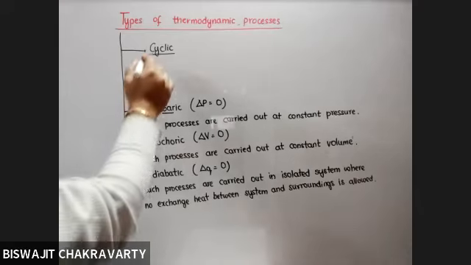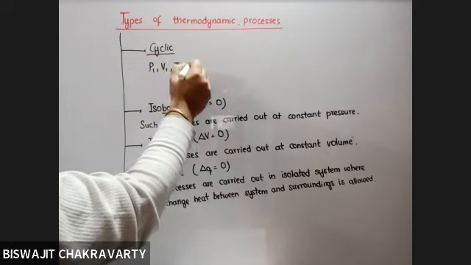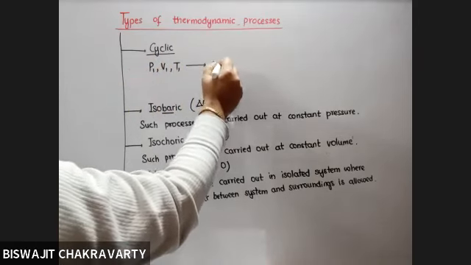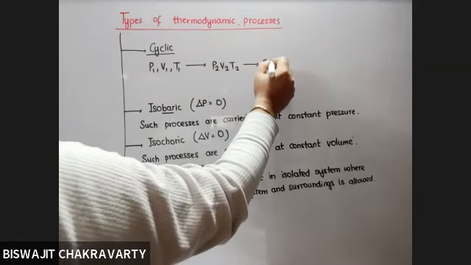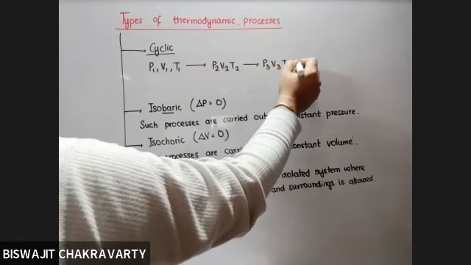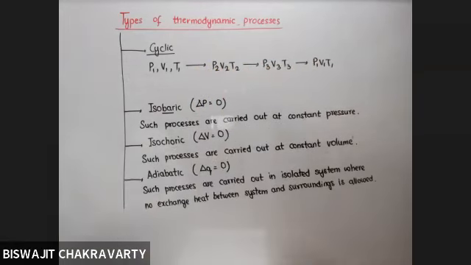Say, for example, the state variables initially were P1, V1, T1. They are changed to P2, V2, T2. Again, they are changed to P3, V3, T3. And finally, they get back to P1, V1, and T1. So the process will be called cyclic.